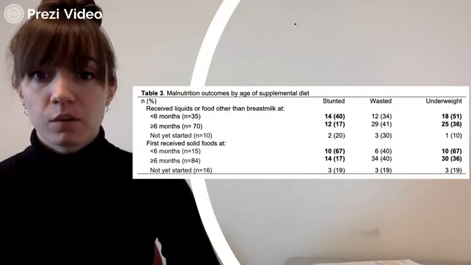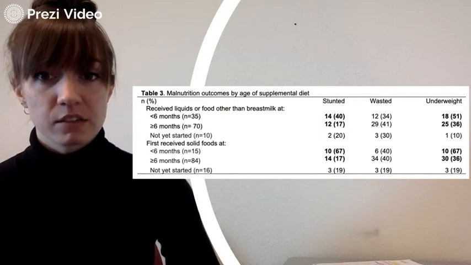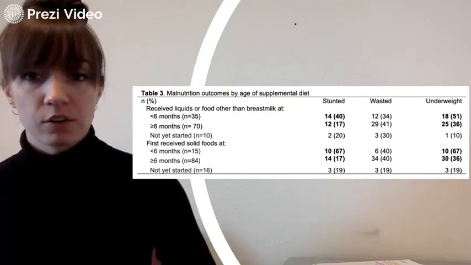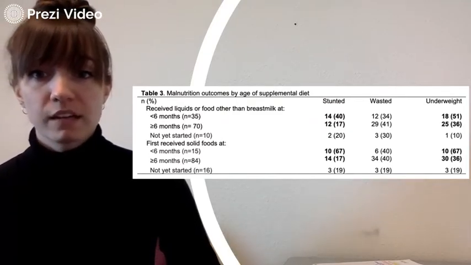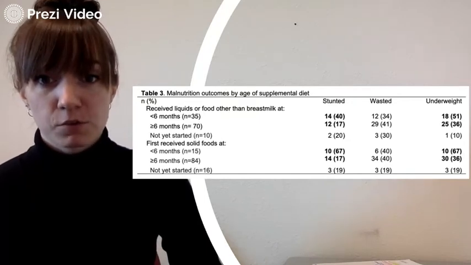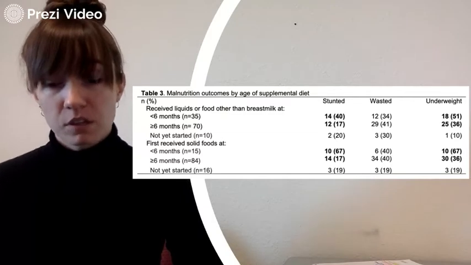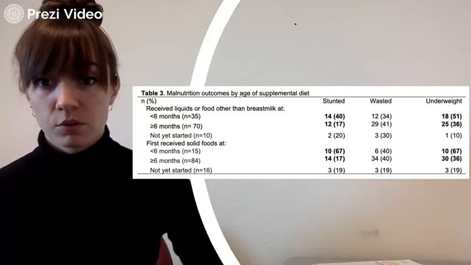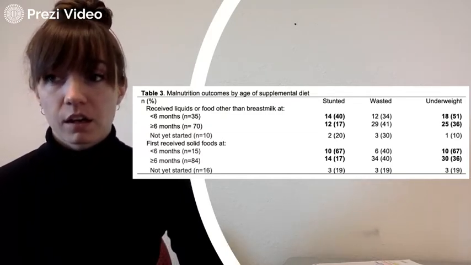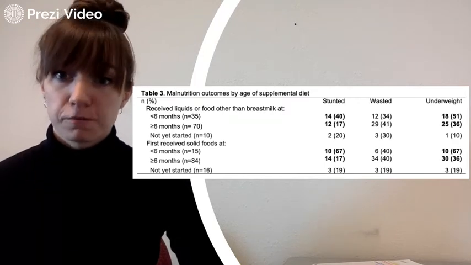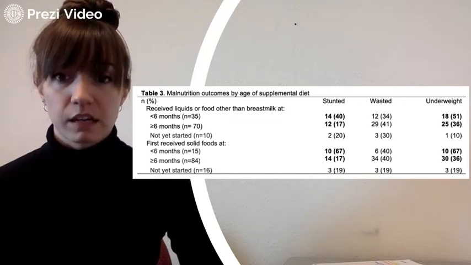Another interesting one was supplemental diet. So the 2 factors we're looking at over to the left are when kids received liquids or food other than breast milk, and when kids first received solid foods. Under 6 months old, you should only be having breast milk, formula if needed, but definitely a liquid diet.